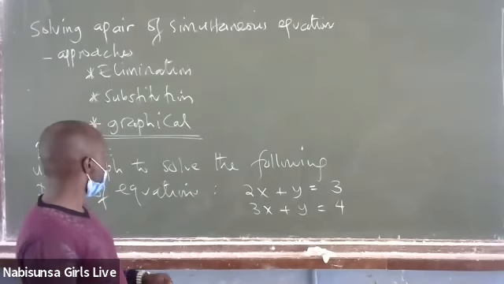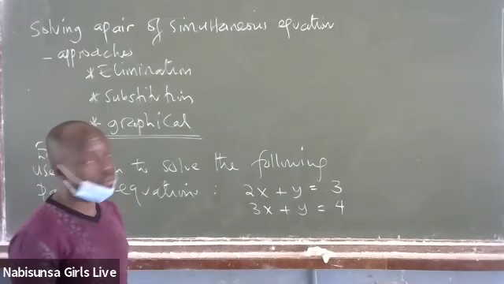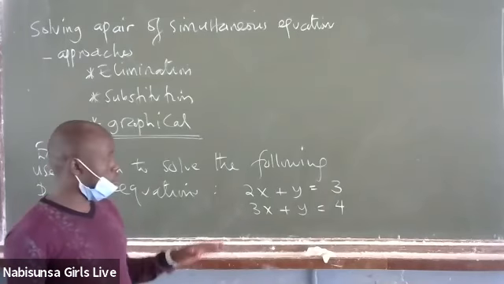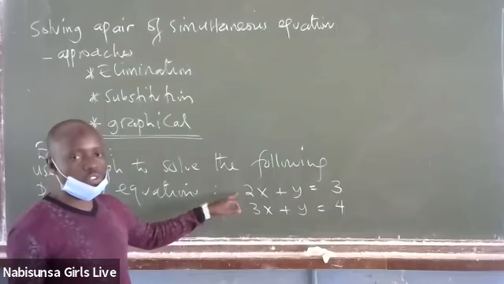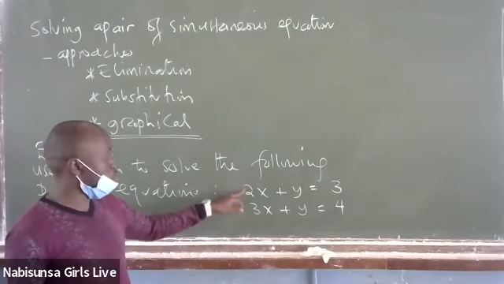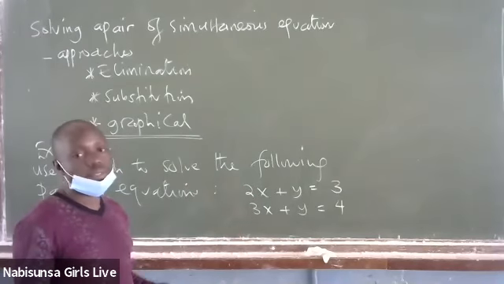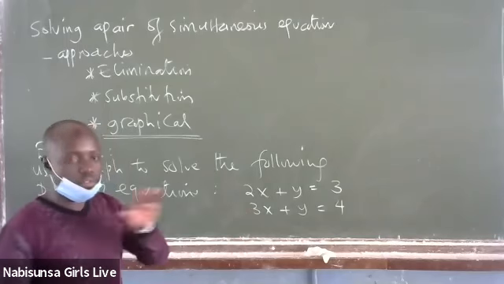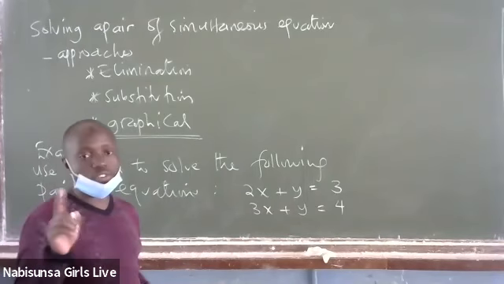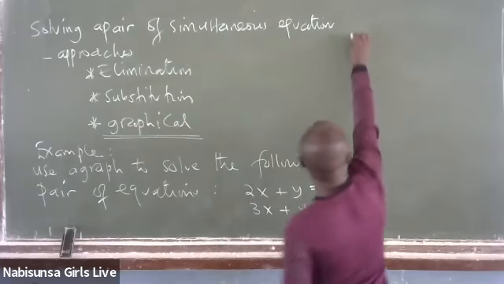We are going to use it to see how we use the graph to solve simultaneous equations. The approach is simple. Just draw each of these lines, because these are straight lines, on the same graph. Where they meet, the value of x and the value of y will give us the solution to this pair of simultaneous equations.